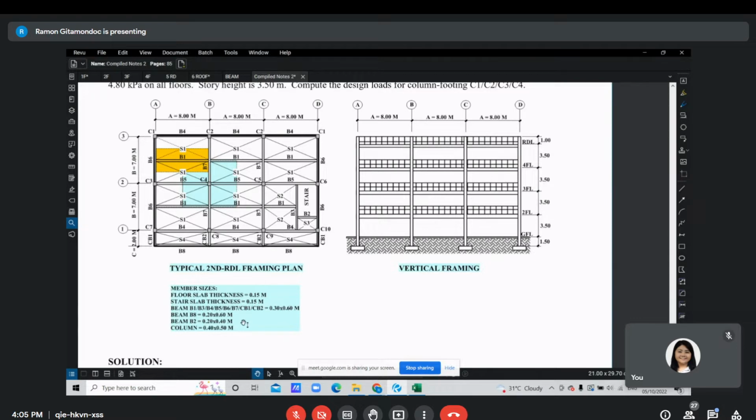And for beam B8, 0.2 by 0.6 meter, then beam B2 is 0.2 by 0.4, and the column, let's assume to be 0.4 by 0.5. So the 0.4 meter dimension is parallel to the x-axis, then the 0.5 meter dimension is parallel to the y-axis.